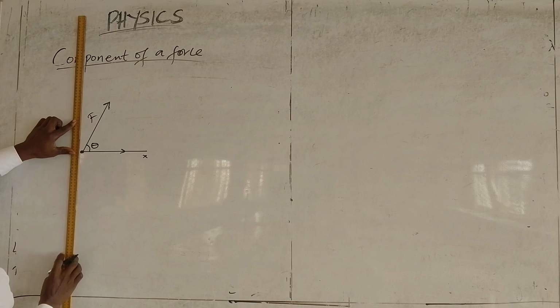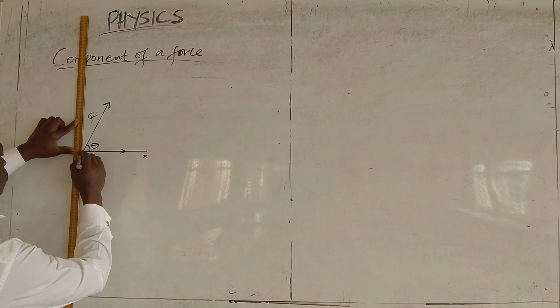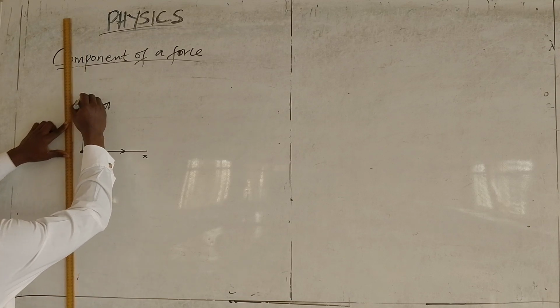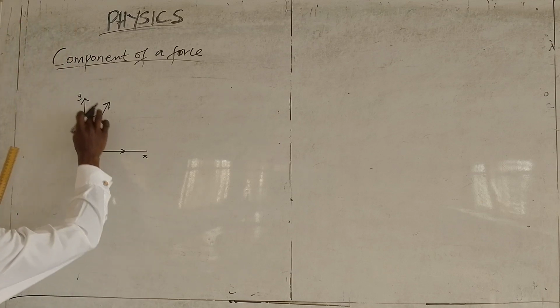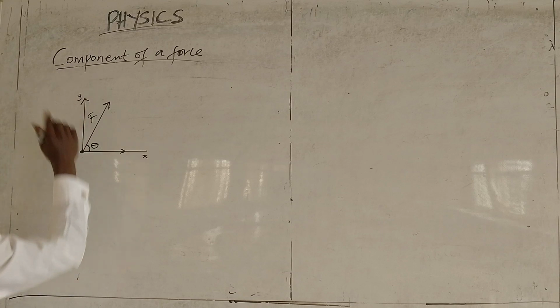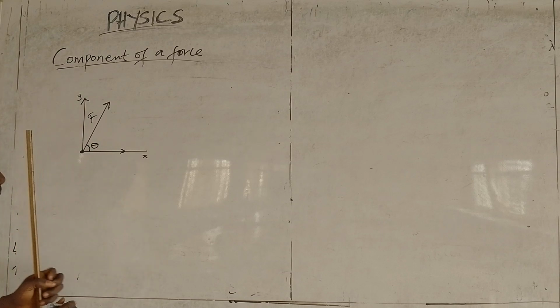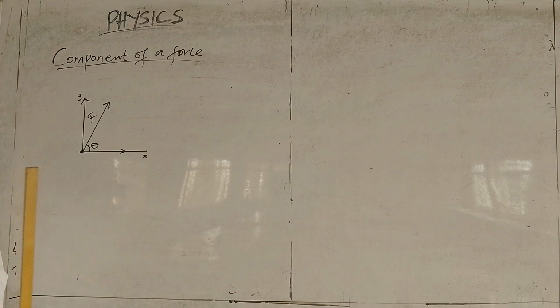Then draw your vertical from here also upward. This is the y direction. Sorry, this force is now in between x and y. Don't forget that x and y are perpendicular to each other.